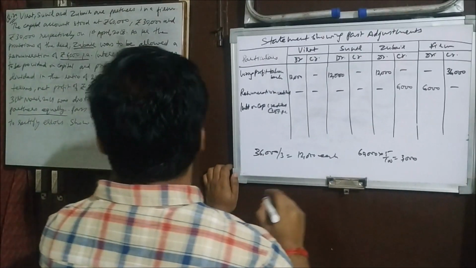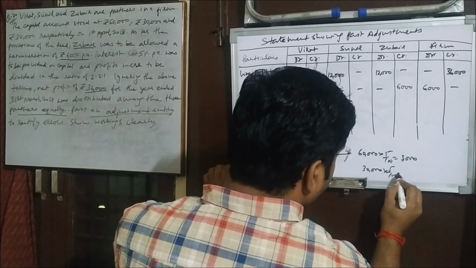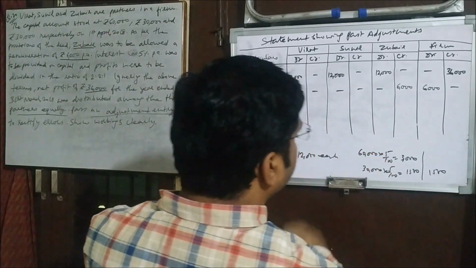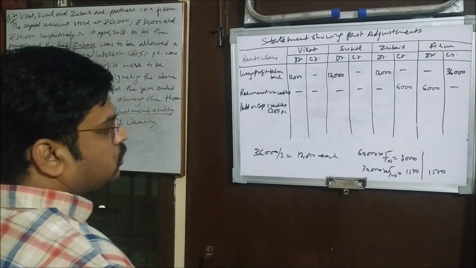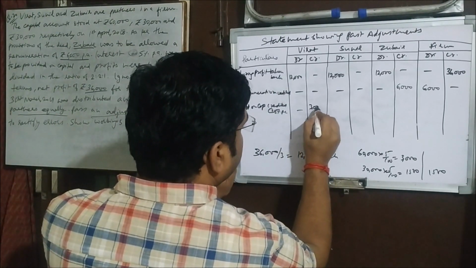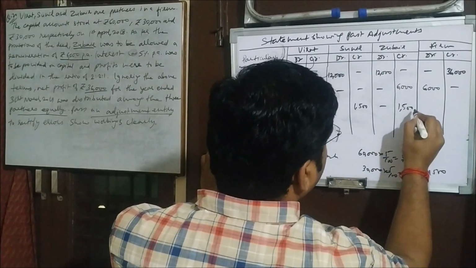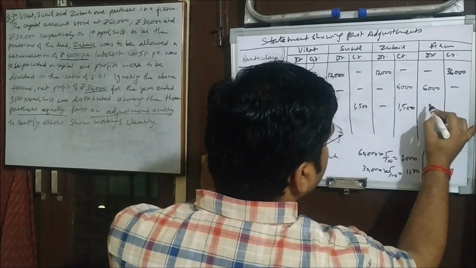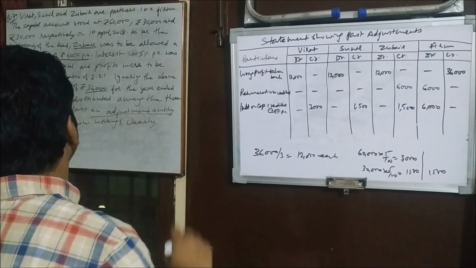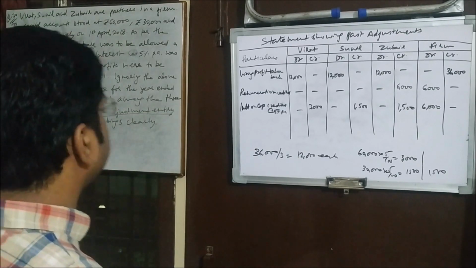And 30,000 is the capital for Sunil, so 5% is 1,500, and the same 1,500 is there for Zubair because his capital is also 30,000. So we'll mention that it will be credited 3,000, 1,500 and 1,500. Total is 6,000, so it will be debited here. Alright, any other adjustment is left? I don't think so.